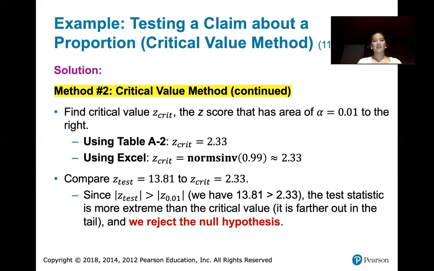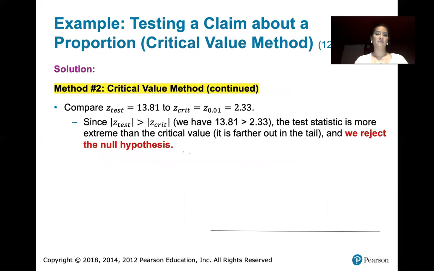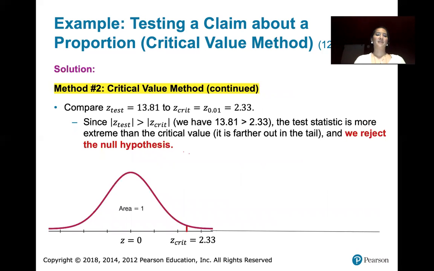That critical z value separates the test statistics that we're going to consider typical from those that we consider to be significantly high. If that test statistic is in that significantly high region, in this case, which we call the critical region, we'll reject the null. So here's what it looks like.